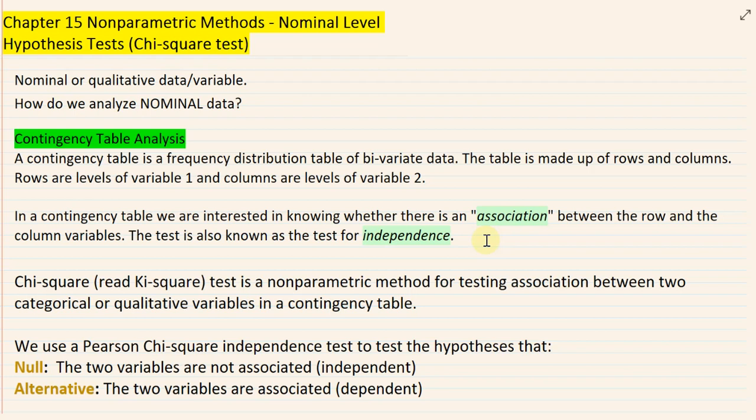In other words, we're not going to say that variable 1 is causing variable 2 to change, or the outcomes of variable 2, and neither is variable 2 causing the outcomes of variable 1 to occur. We're simply looking at association. Is there an association between these two? A statistical association, that is.